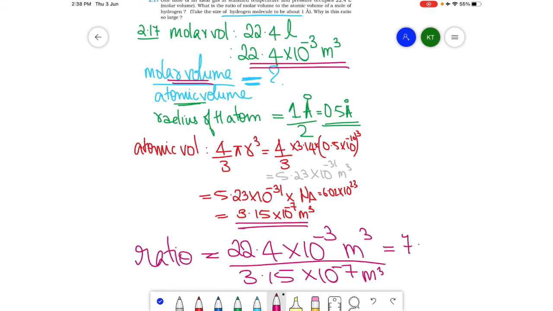This will give us the value 7.1 into 10 power 4. Since this is a ratio, it does not have a unit.